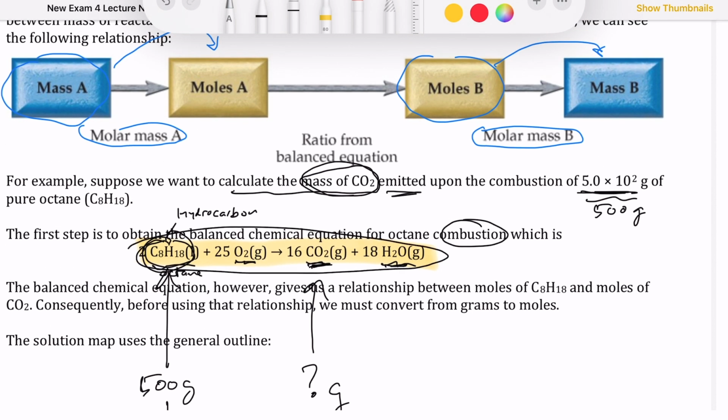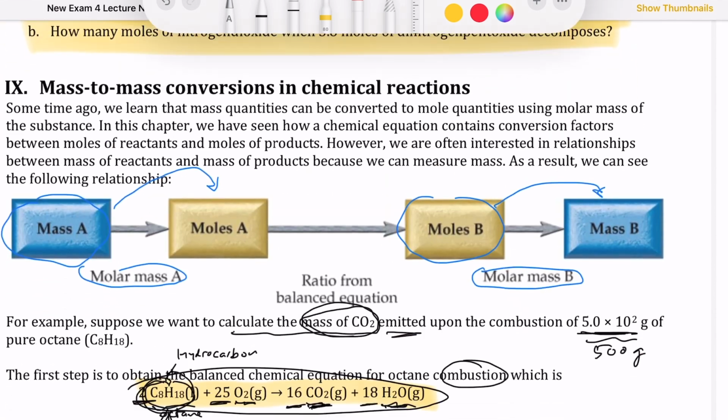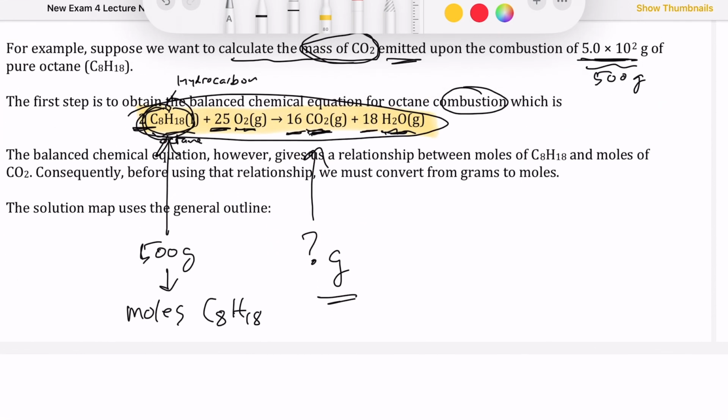Because remember that equation: all the numbers given in that equation, the 2, the 25, the 16, and the 18, are in units of moles, as I said earlier when I first introduced this idea. So unless I have my quantity in moles, I can't do any calculation with that equation. So I first have to convert my grams to moles.